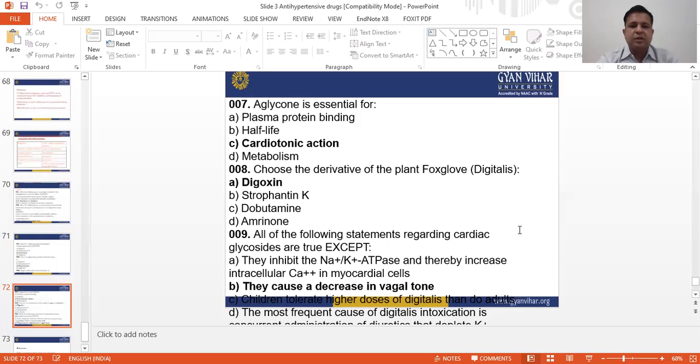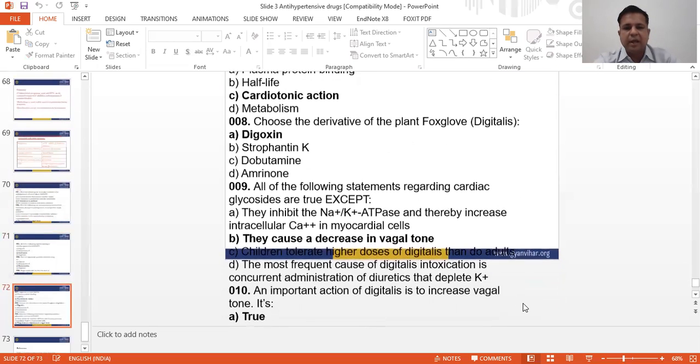C, children tolerate higher doses of digitalis than do adults. D, the most frequent cause of digitalis intoxication is concurrent administration of diuretics that deplete potassium. The correct answer is B, they cause a decrease in vagal tone.